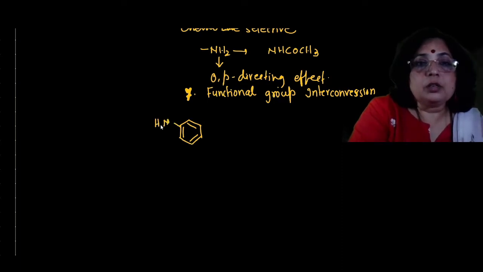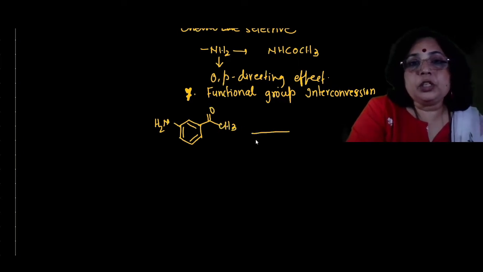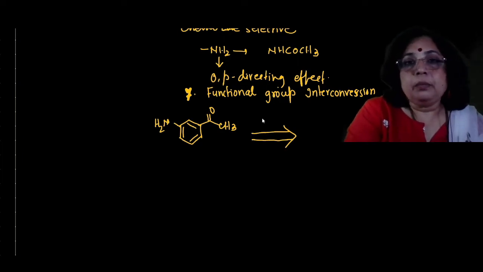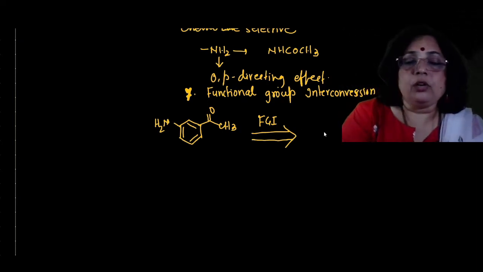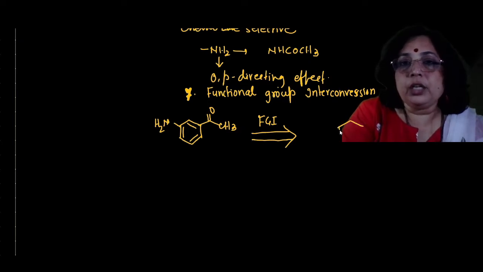So both groups are at the meta position. The same procedure, apply the same arrow over here, but simply write down FGI. Do not write anything that is a disconnection at all. So write FGI, which indicates that you are converting the functional group.